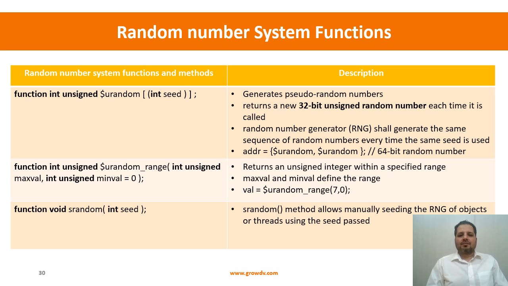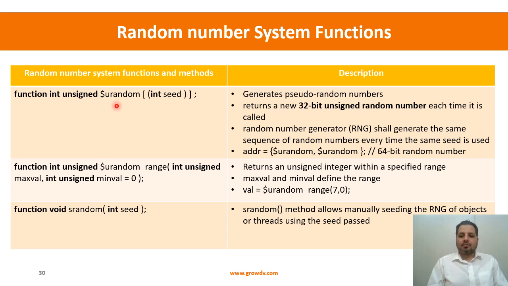We have this function called urandom that generates a 32-bit unsigned random number. It generates a pseudo-random number, and it uses the random number generator to make sure that it can generate the same sequence of random numbers every time the same seed is used. So you can pass an optional seed, and when you pass this seed and call urandom, it will generate the same sequence of random numbers.